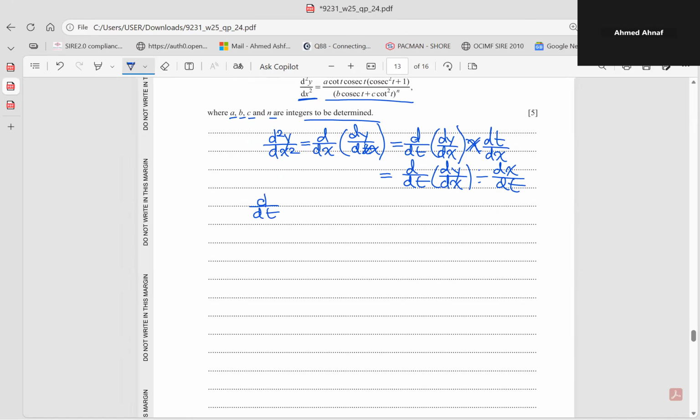Right, so let's find what the derivative of dy/dx is. dy/dx is just dy/dt divided by dx/dt.